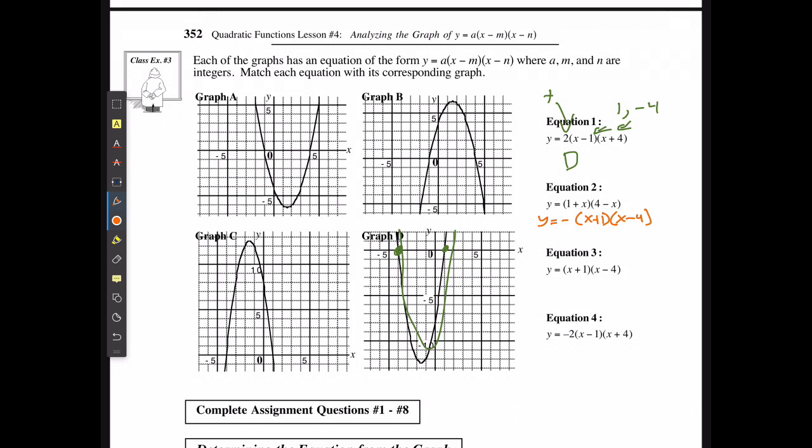And now I see that I have x-intercepts occurring at -1 and +4, and I have a negative a value. Well, if I'm looking for -1 and +4, with a negative a value, or it opening down, that's going to be graph B.